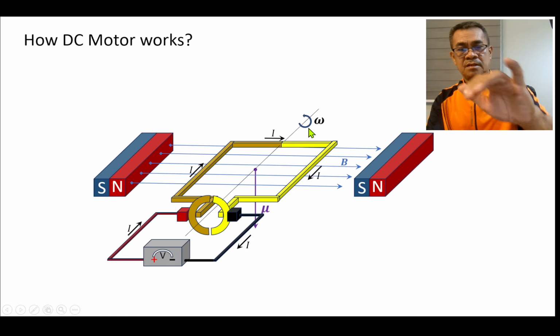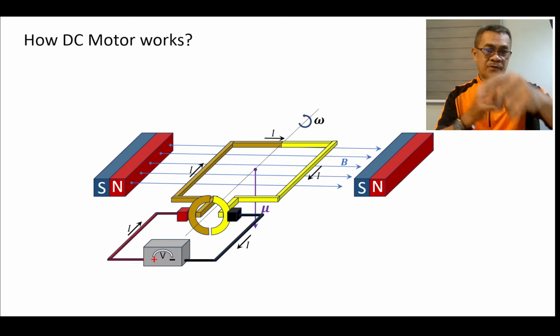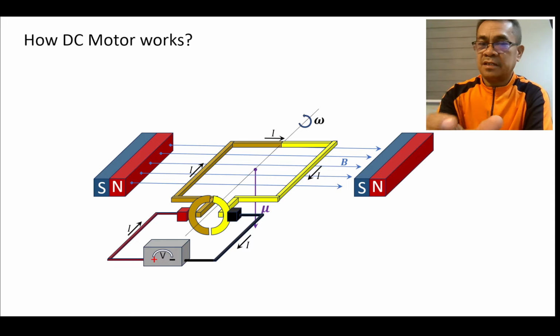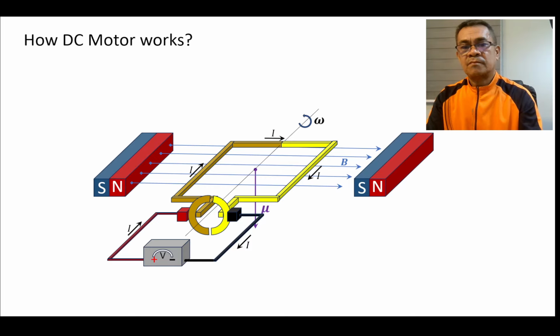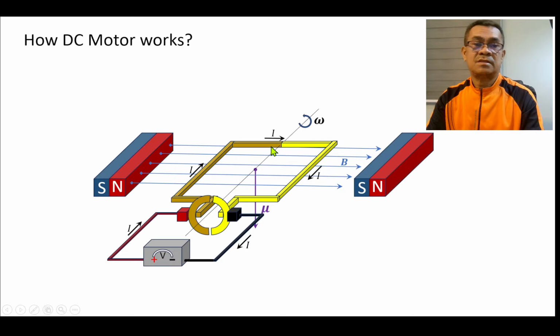The direction is that way because, remember, force and the torque arm will provide rotation. I made this yellow and this gold, just as color coding.